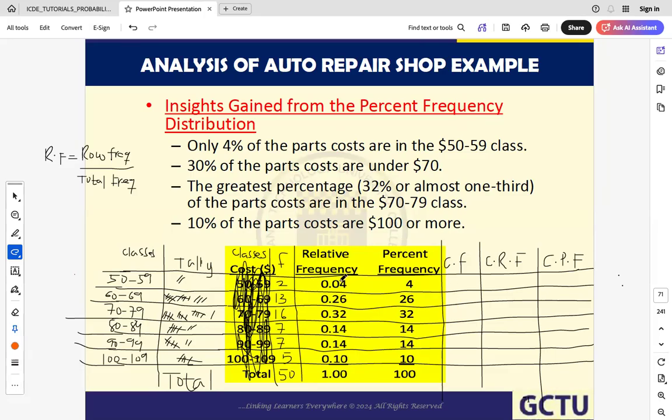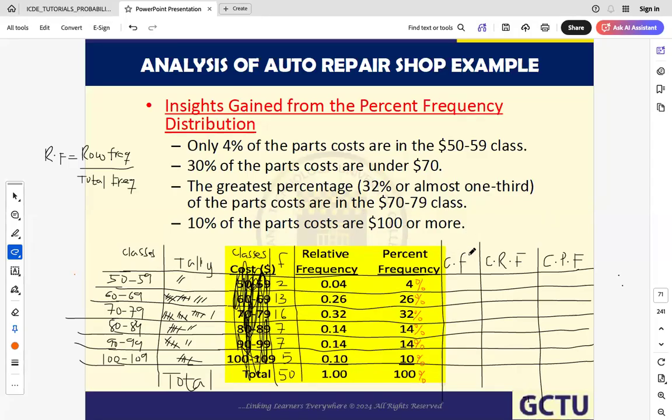You multiply by 100%: 4%, 26%, 32%, 14%, 14%, 10%. When you add all the percentages, you must get 100% to validate what you have done. So that is the percent frequency.